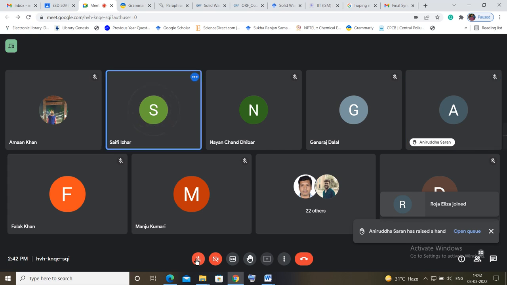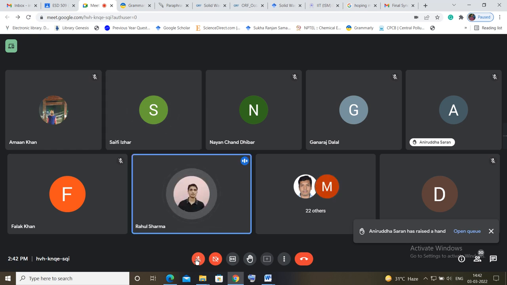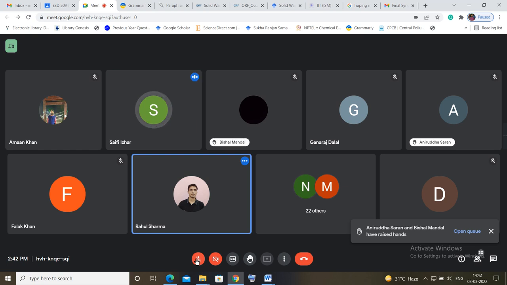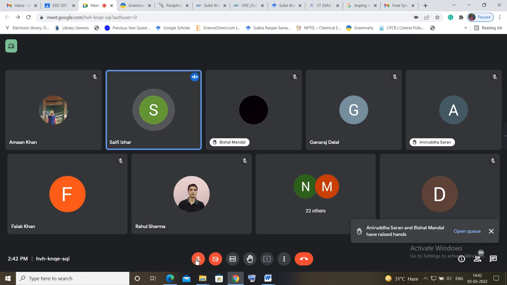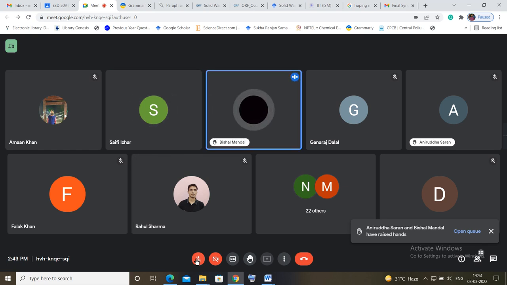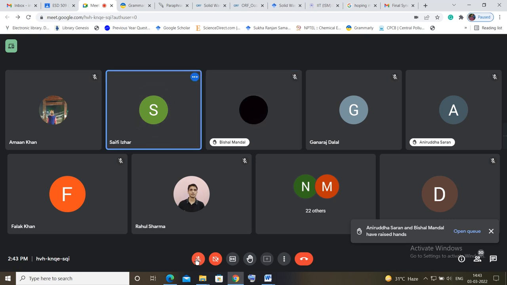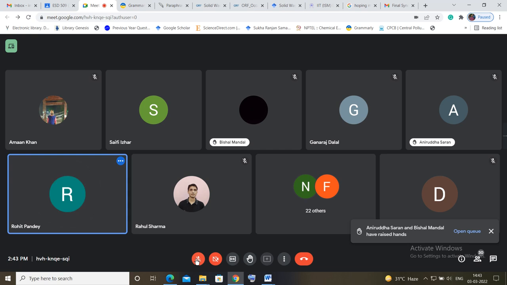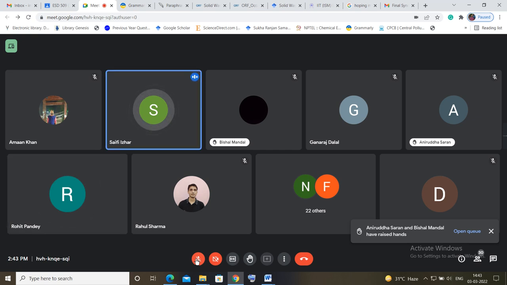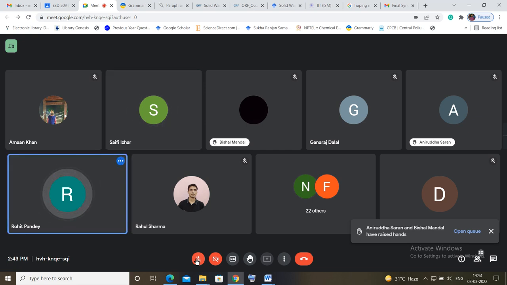And others, Rahul Kumar Sharma, sir, it is 97.01%. Okay. Vishal Mandal, sir, 97.01. Okay. And Rohit Pandey, 97.01. So have you calculated? Yes, sir.